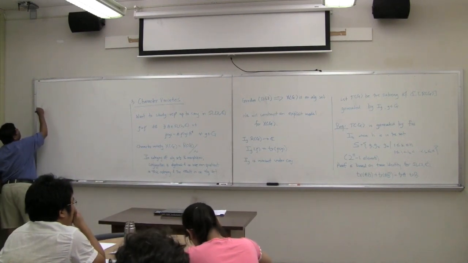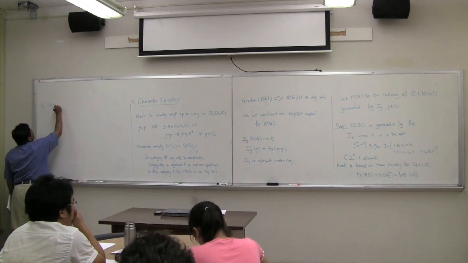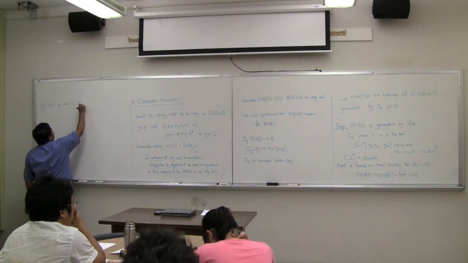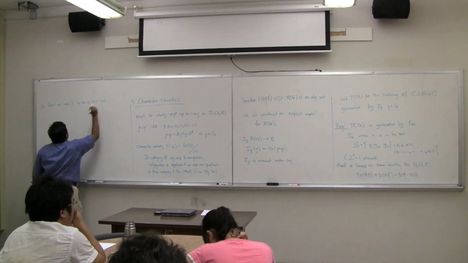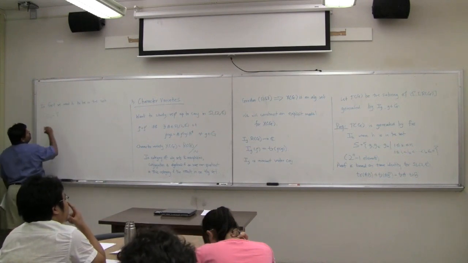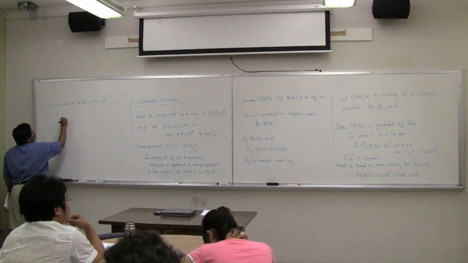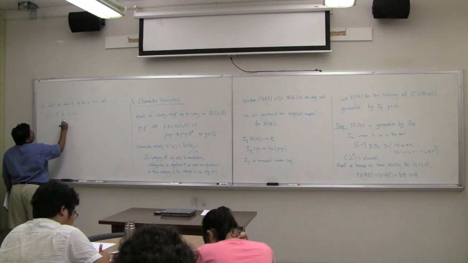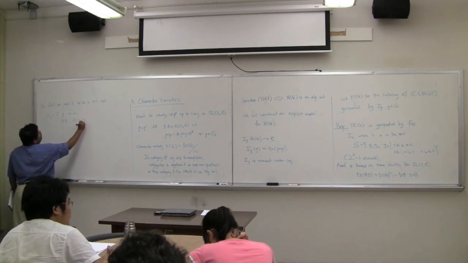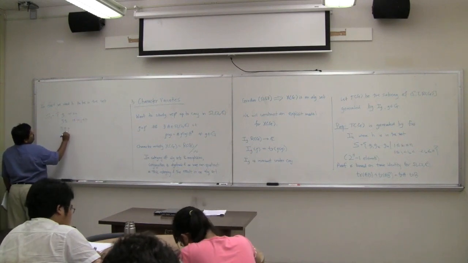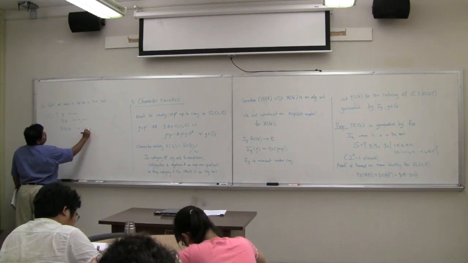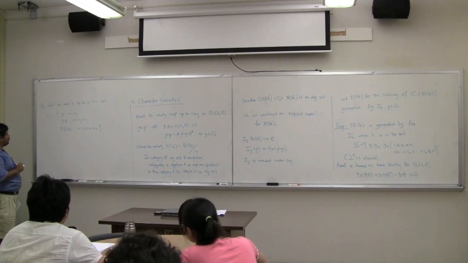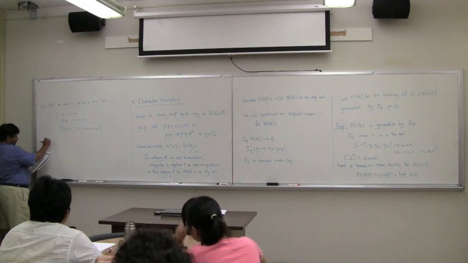In fact we need H to be in the set S1, which is Gi, then Gi times Gj, and Gi times Gj times Gk. These are fewer elements.